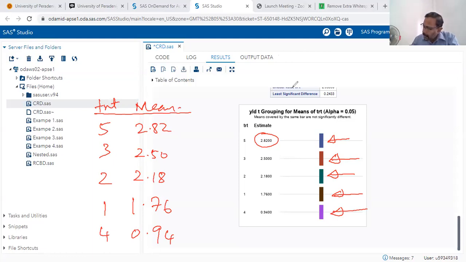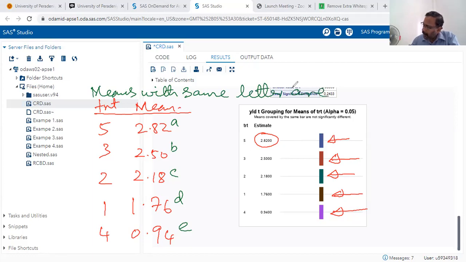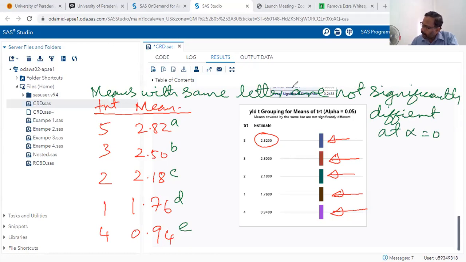So that means here we write A, B, C, D, E. We say, write down, means with same letter are not significantly different at alpha equal 0.05.